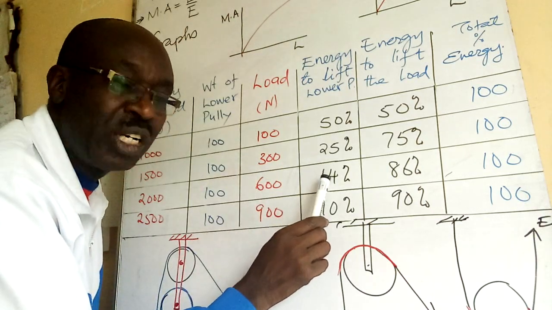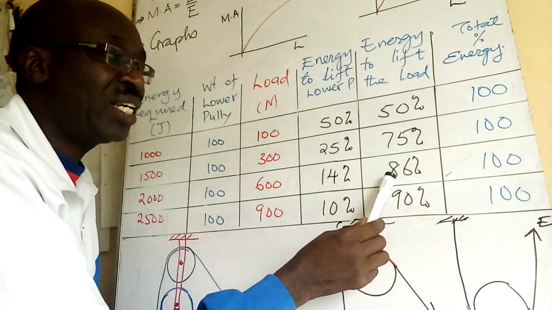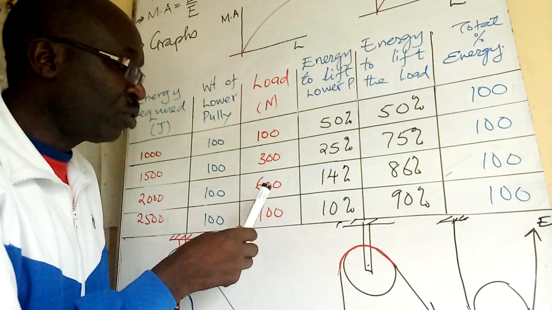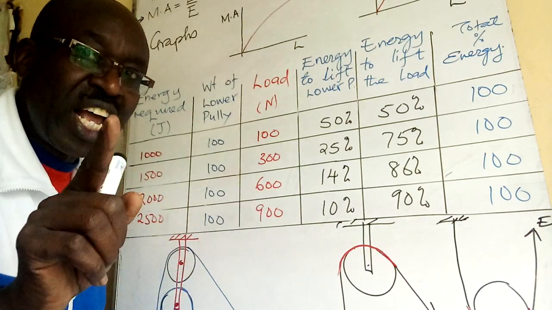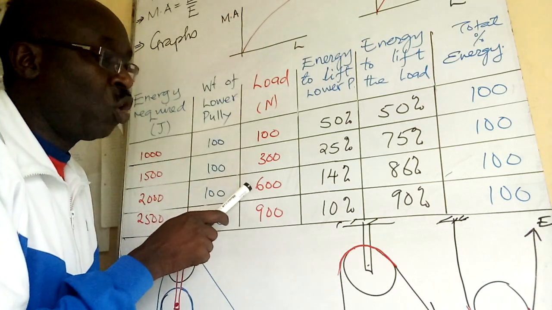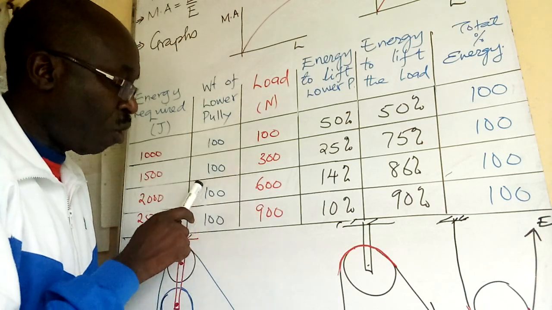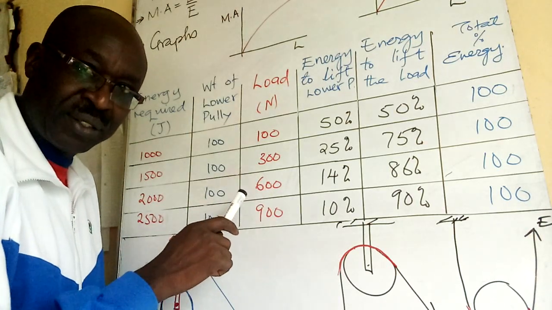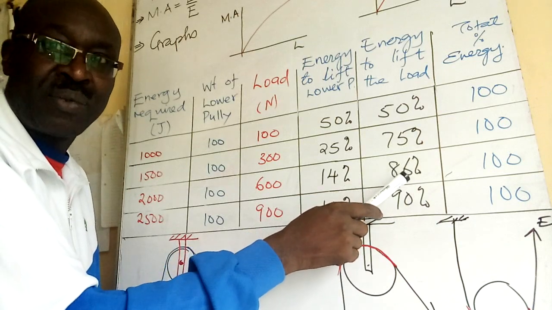Now once I get 14%, I subtract from 100, I get 86. Or if you started with this, you would do percentage of energy going to lift the load is 600 over 700 times 100. You get 86%.